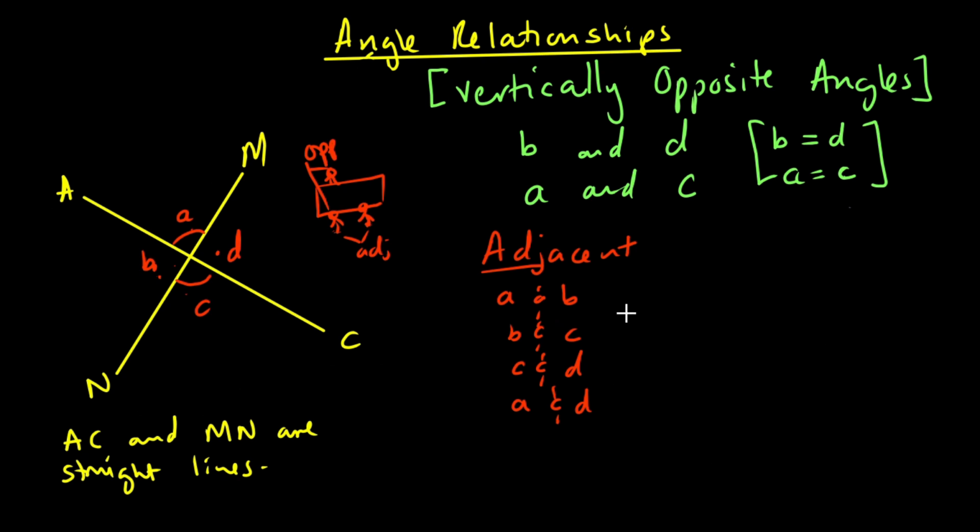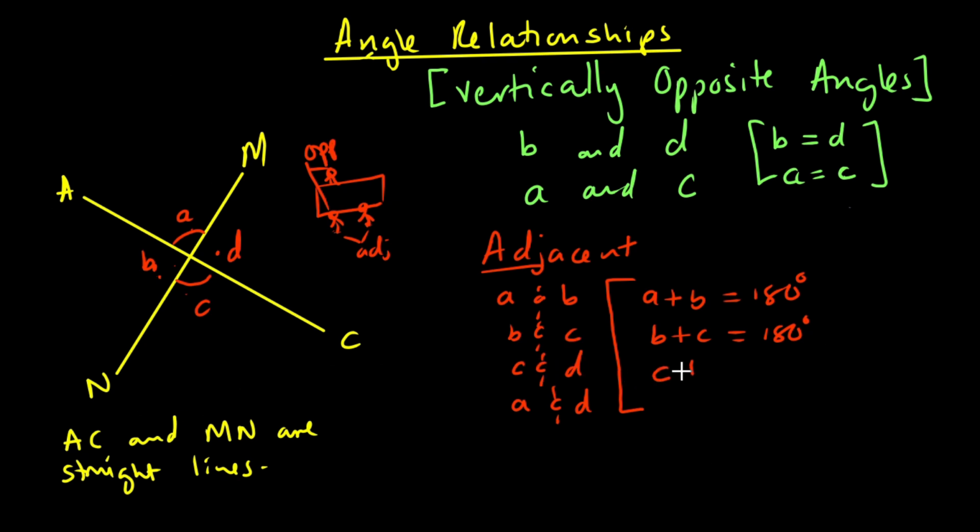Supplementary means they should add to 180. In other words, A plus B is supposed to give me 180 degrees because A and B are adjacent angles on a straight line. Same with B plus C. They are also supposed to give me 180 degrees. Why? Because they are also adjacent, next to each other on a straight line.